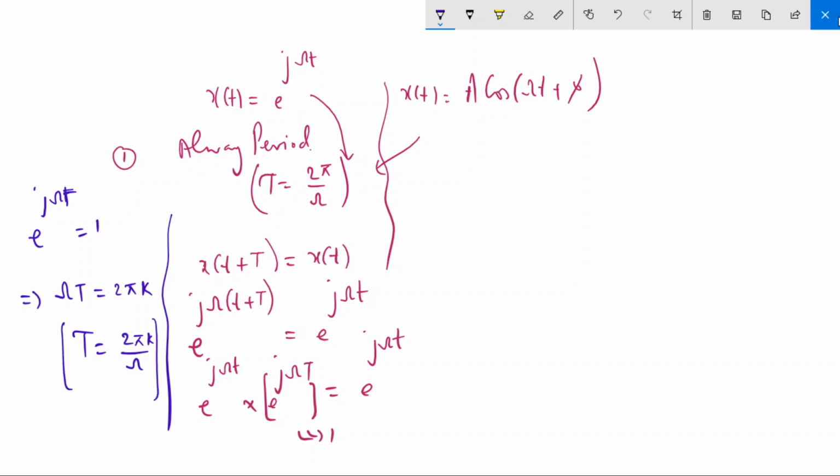And whenever we define the time period T, we take the minimum value of T which satisfies this equation. When you put k equal to 0, you get T equal to 0. Then e raised to power 0 is again 1, and in that case it becomes a constant signal.